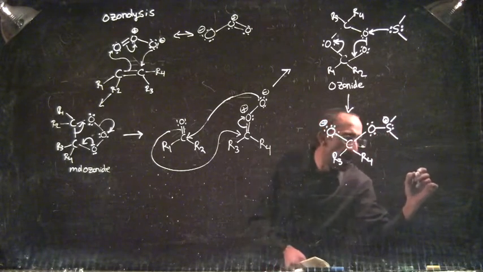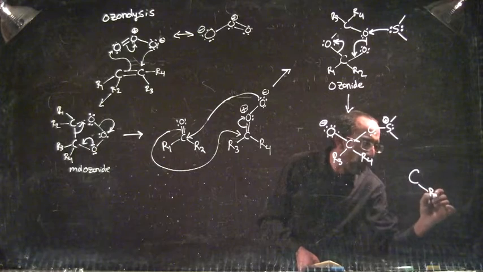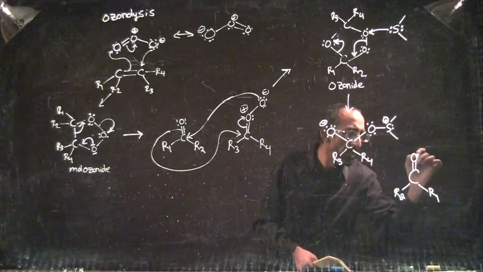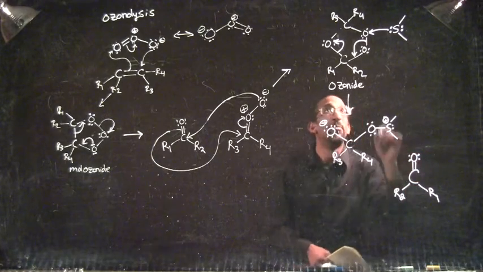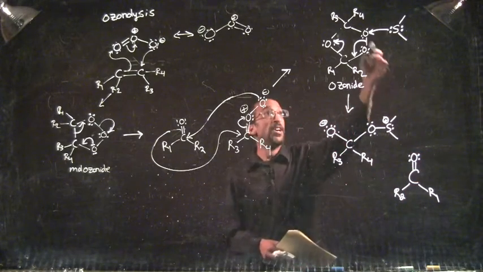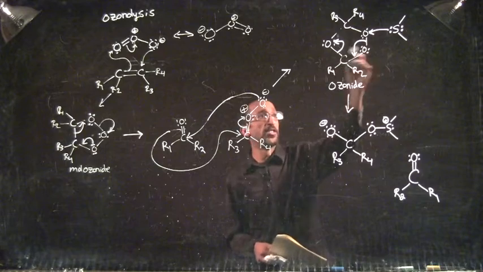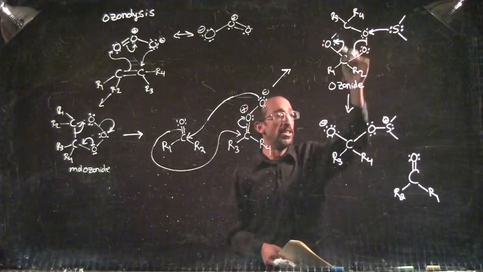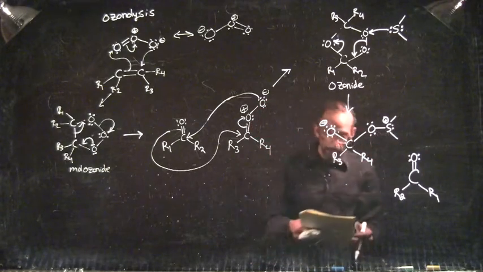And then we have our other carbon atom that had R1 and R2 on it. We just have a carbon-oxygen double bond, right? So this portion down here just forms a new carbonyl compound, right? Whereas everything up here forms this big funky intermediate.